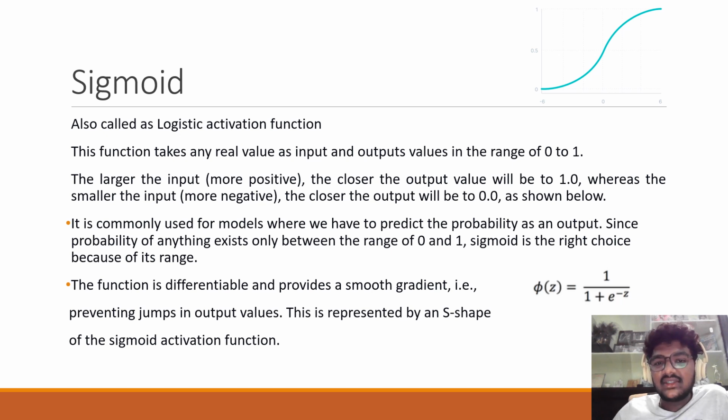The main reason why we use the sigmoid function is because it exists between 0 and 1. Therefore, it's especially used for models where we have to predict the probability of an output. Since the probability of anything exists only in the range of 0 to 1, the sigmoid is the right choice.